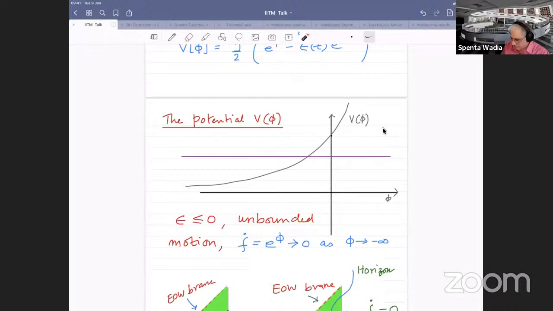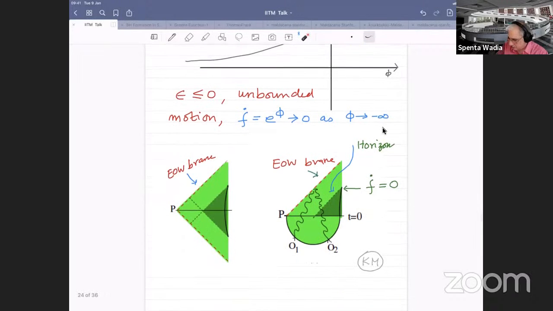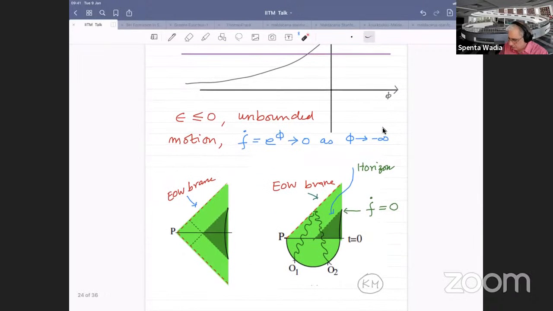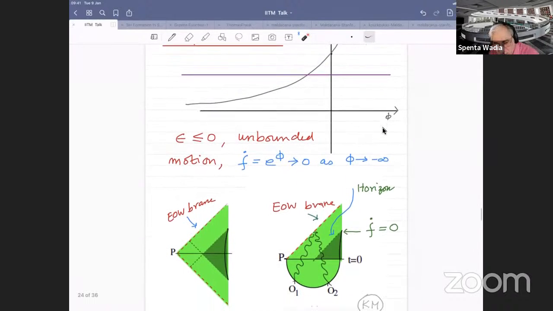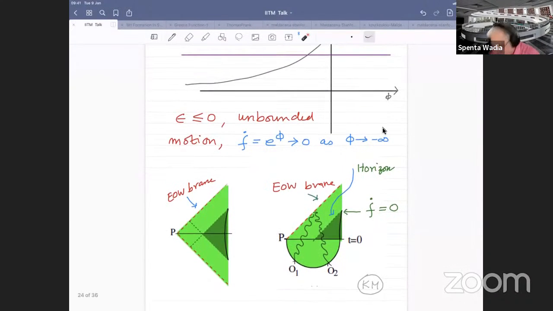So that's the point which I wanted to make. Now, because I'm using this horizontal view, every page is like this. So this is once again the picture which I wanted to draw, that f dot equal to 0, which happens at asymptotic infinity in time, simply translates into the fact that a horizon is formed over here.